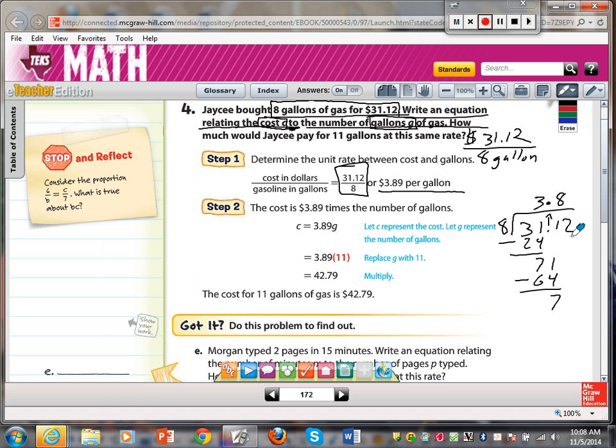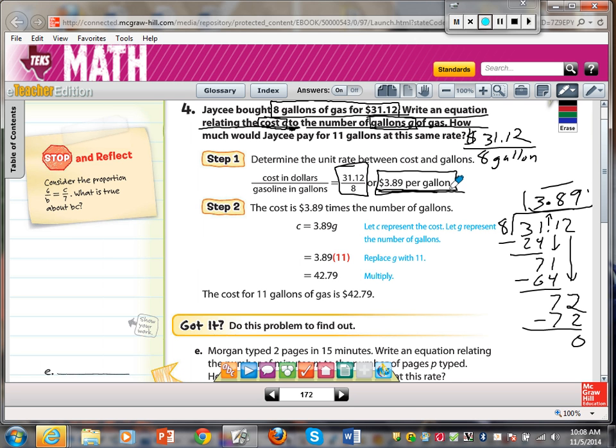Bring down the 2. Alright. 8 times 8 is 64. 9 times 8 is 72. So it's going to be 9 times. 8 goes into 72 9 times. So then your answer is $3.89 per gallon.